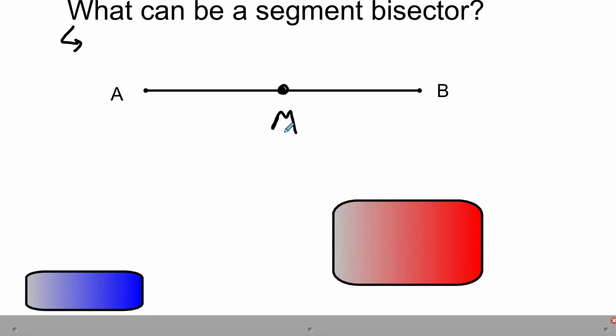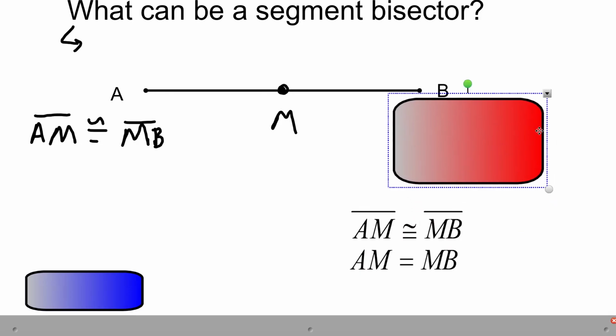And remember, we said that if this is a midpoint, then it makes these two segments congruent. It makes AM congruent to MB, which I think is what this says.